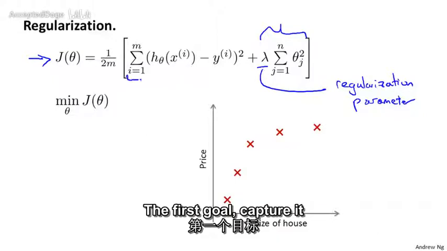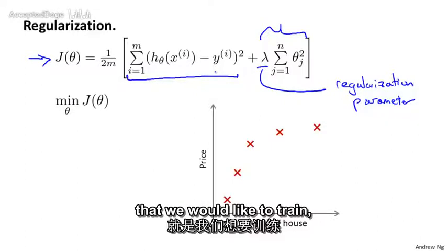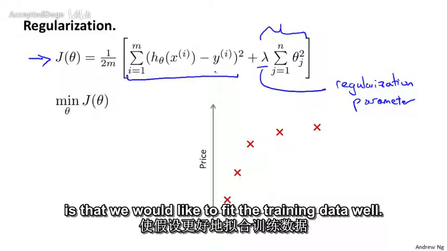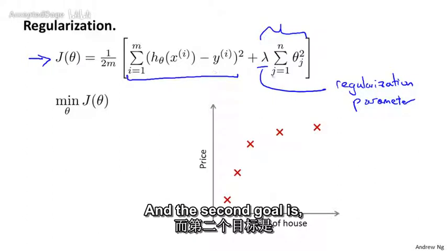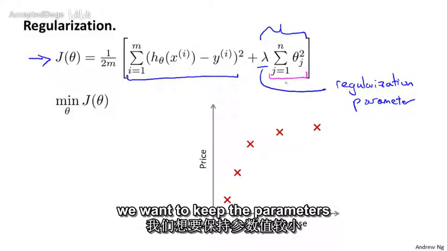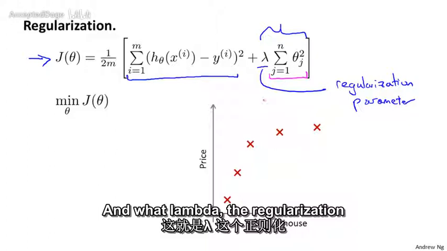The first goal, captured by the first term in the objective, is that we would like to fit the training set well. The second goal is we want to keep the parameters small, and that's captured by the regularization term.